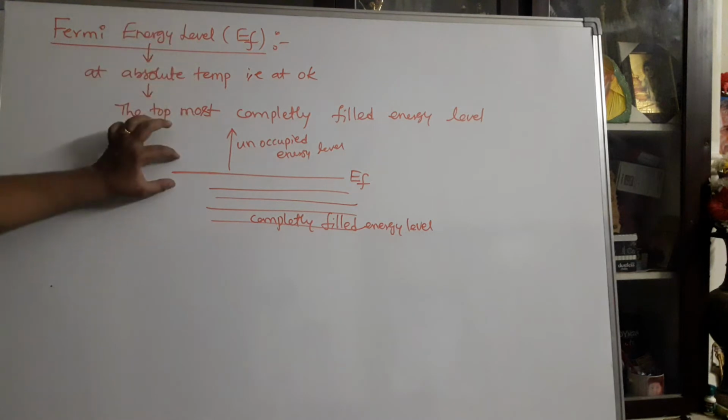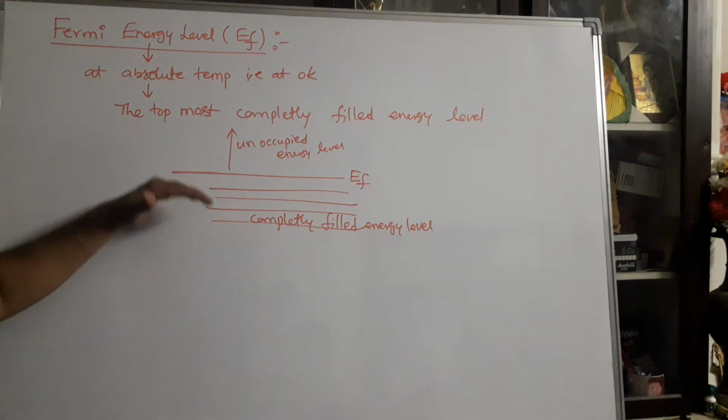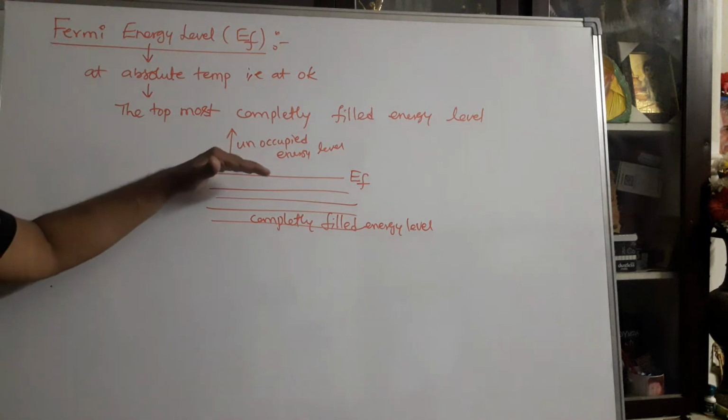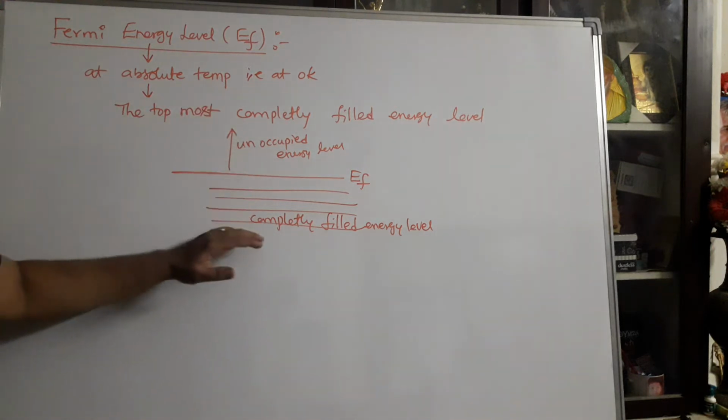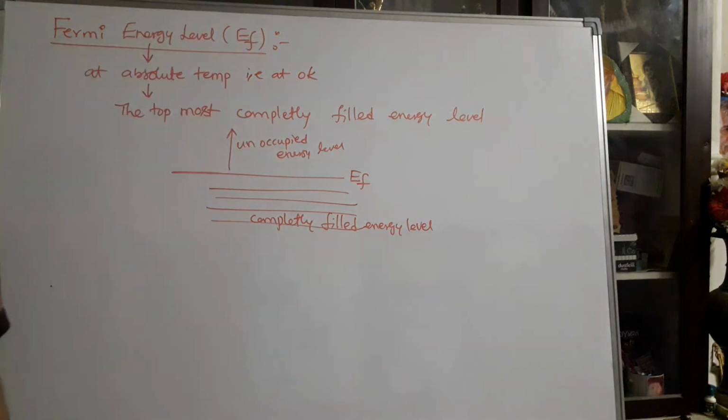From this diagram you can conclude that each and every energy level below the Fermi level must be completely filled, and above it the energy levels are unoccupied.